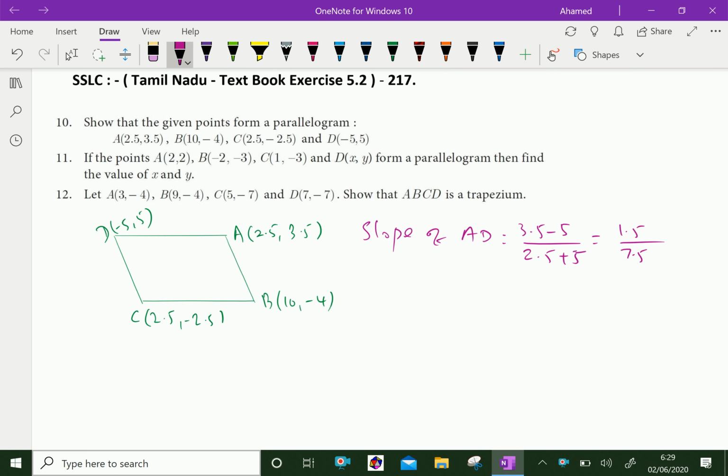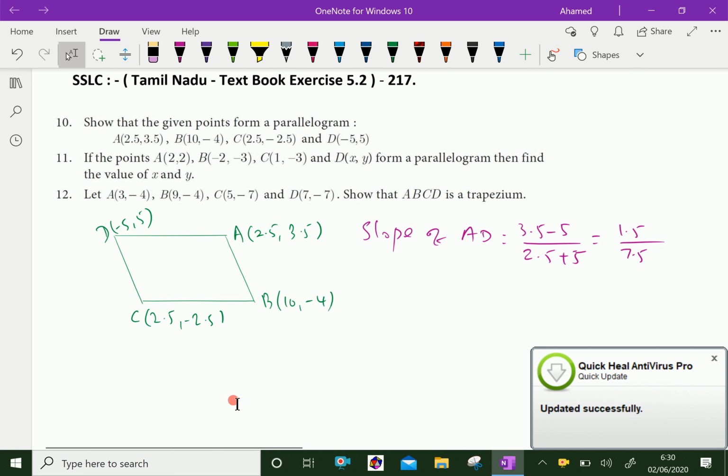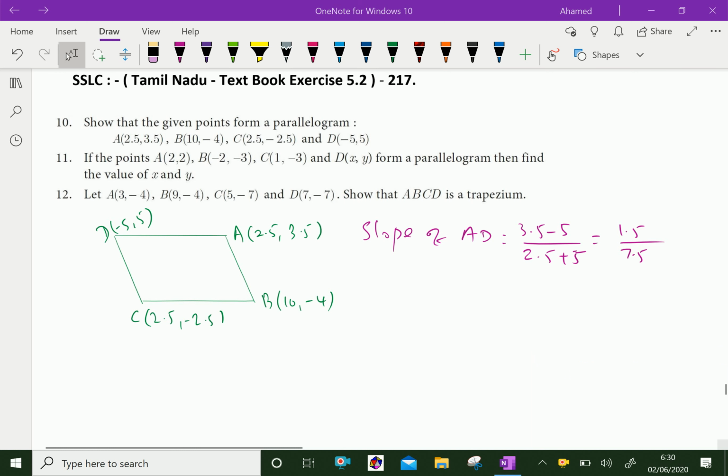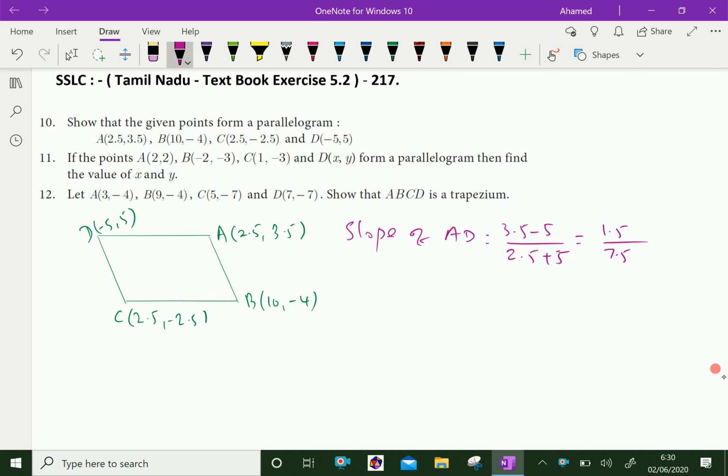Here D is (-5, 5). Then 3.5 minus 5 and 2.5 minus of minus 5, that is 5 minus 3.5 and 2.5 plus 5, which is equal to 1 over 5.